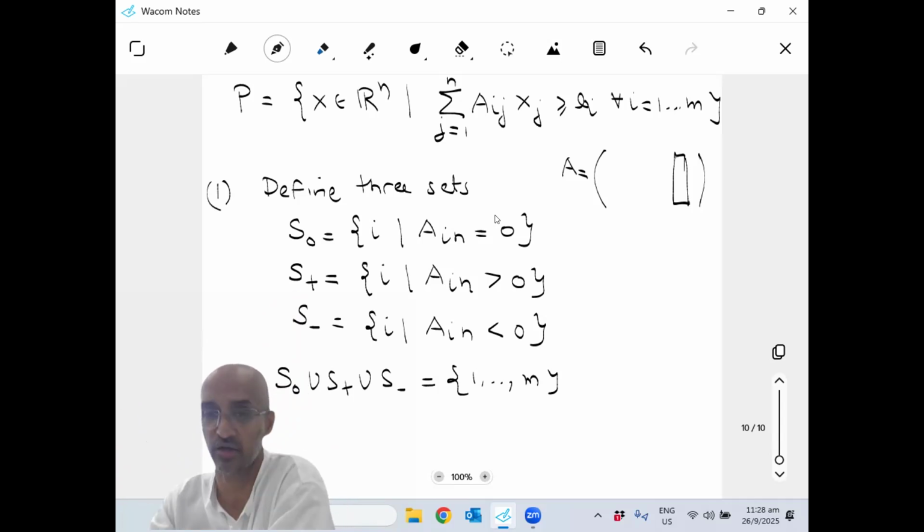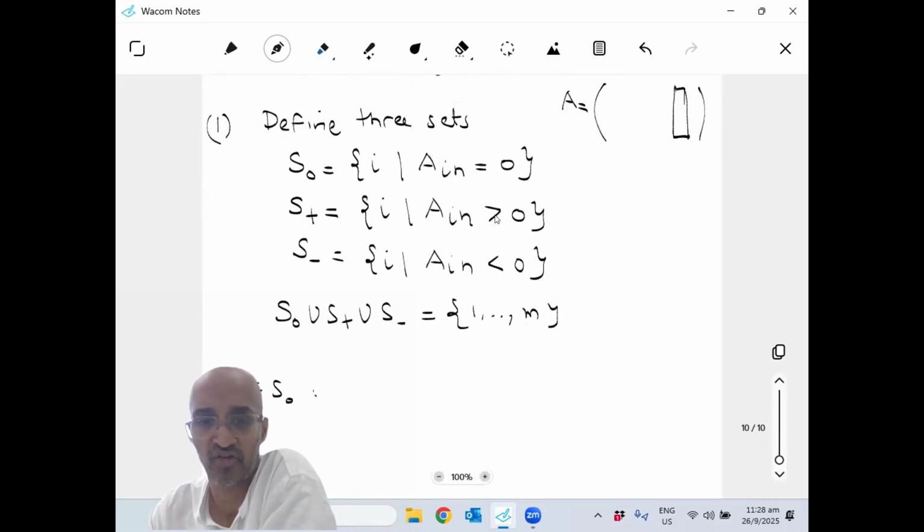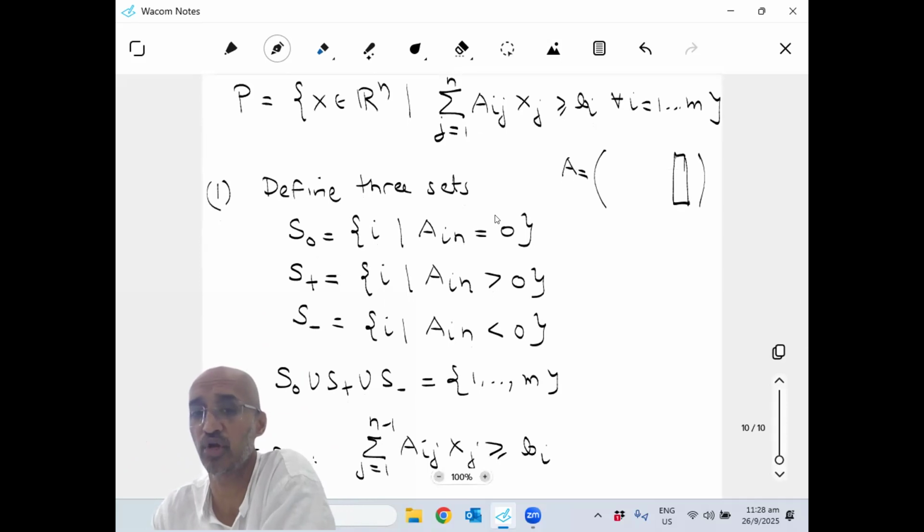So for all i in S0, I can rewrite the constraint simply as summation j from 1 up to n minus 1, a_ij x_j is greater than or equal to b_i. Why is this? Because a_in is 0, so the last term is 0. I'm just writing the constraint again, except identifying that a_in is 0.